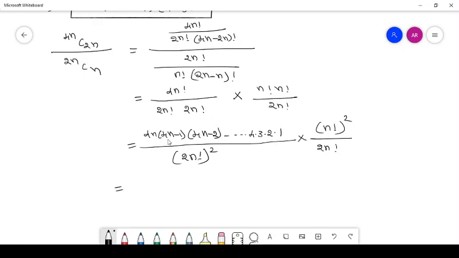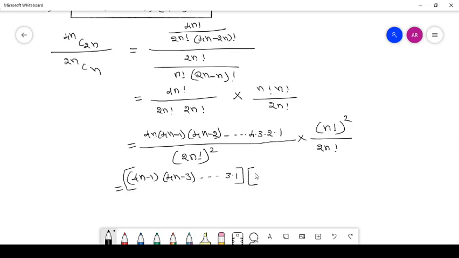Here in 4n into 4n minus 1 and so on, we are separating even and odd terms. First the odd terms: 4n minus 1, 4n minus 3 up to 3 into 1.